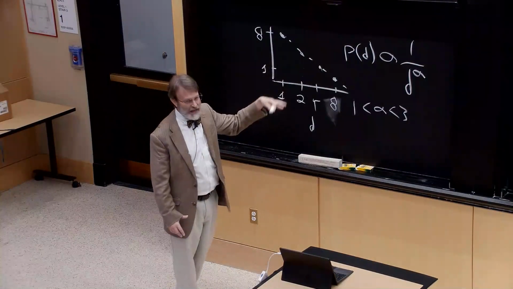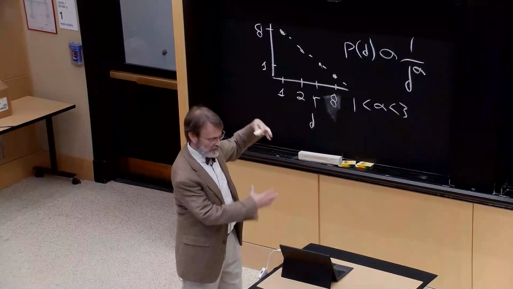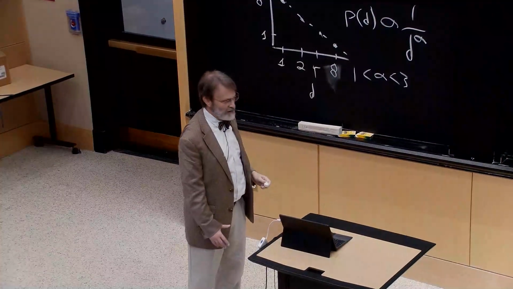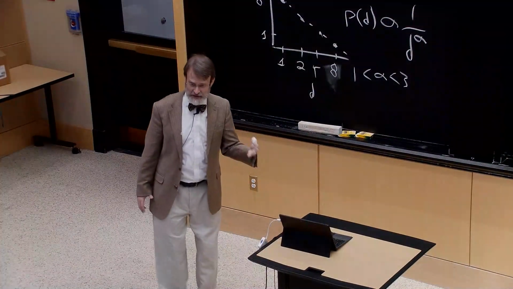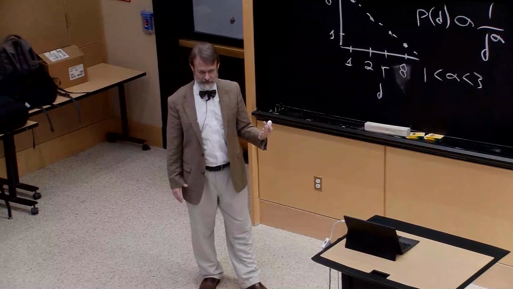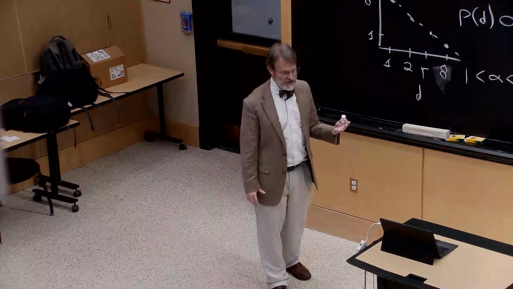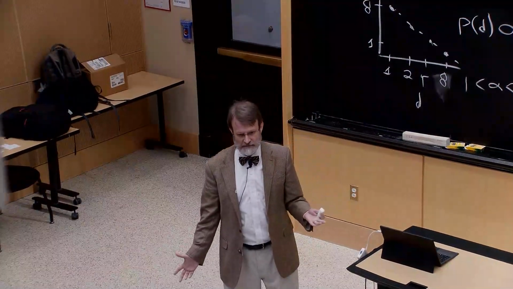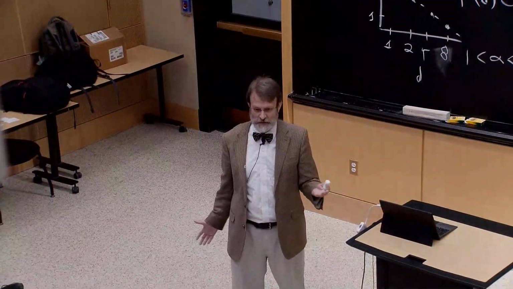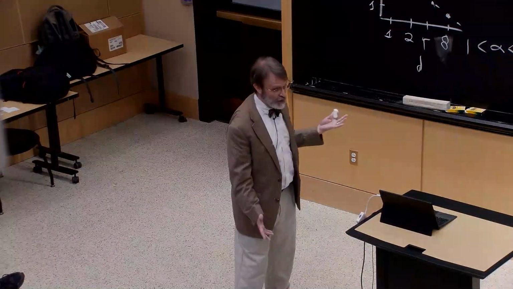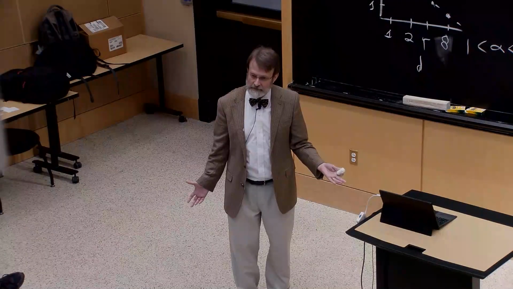Now, this kind of statistical distribution is sometimes called a heavy-tailed distribution. You probably have never studied them in all the statistics courses you've seen, even though they're extremely common.